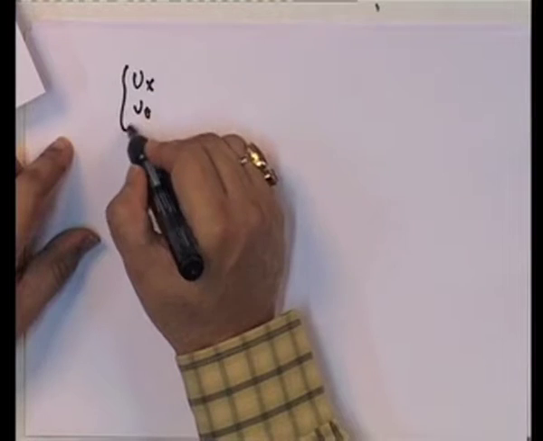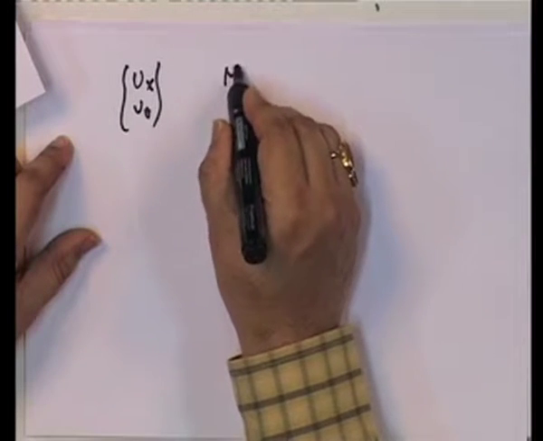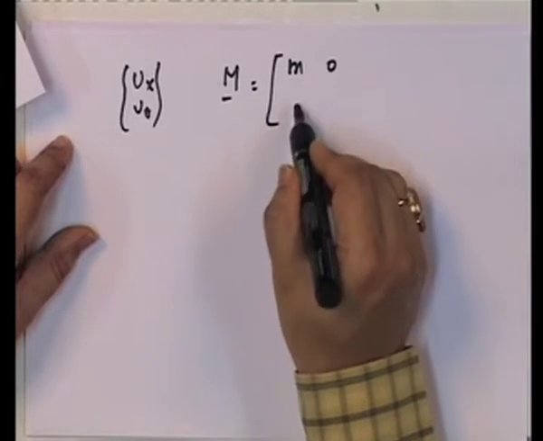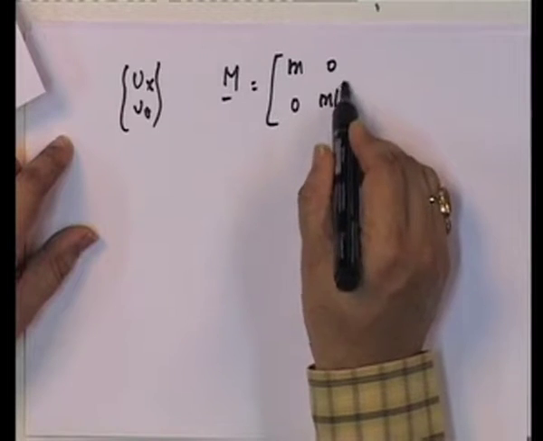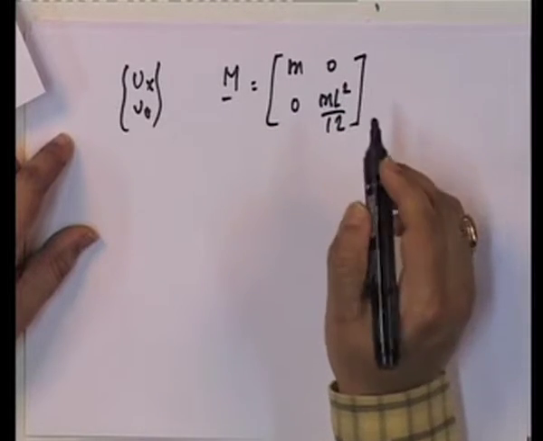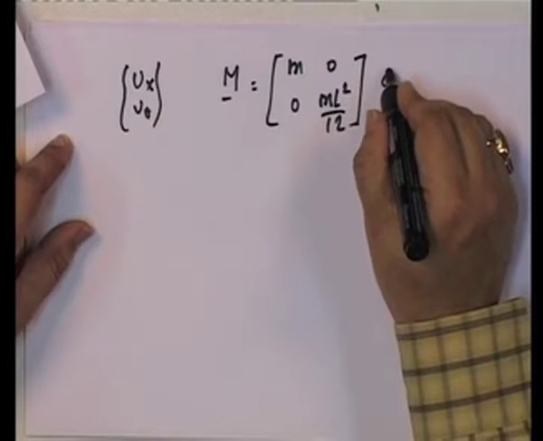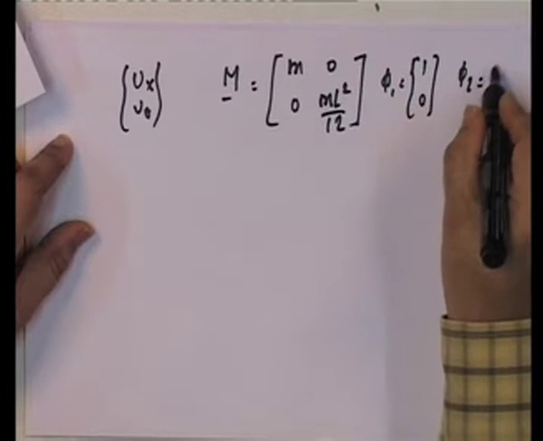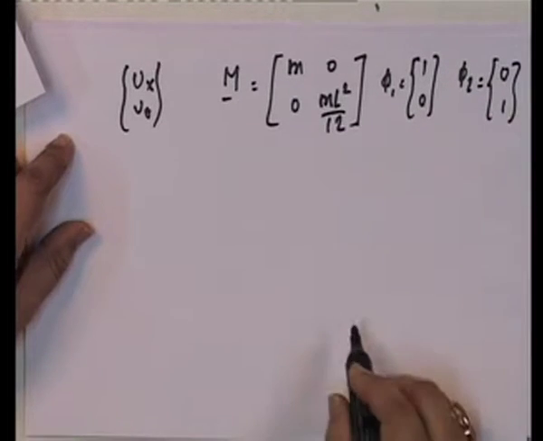Now I want to go back and look at this. When I defined V x and V theta, my mass matrix was m, 0, 0, m L squared by 12, and the phi 1 that I got was 1, 0, and the phi 2 that I got was 0, 1.